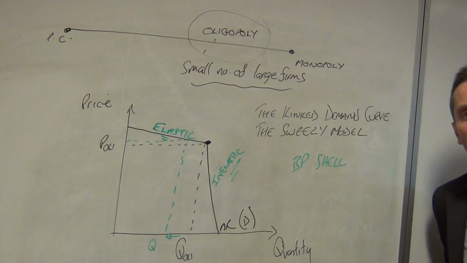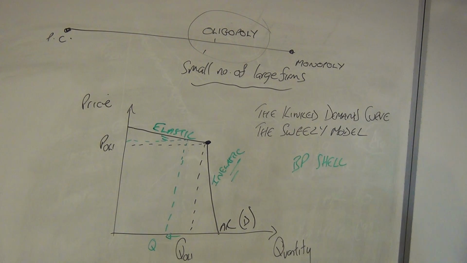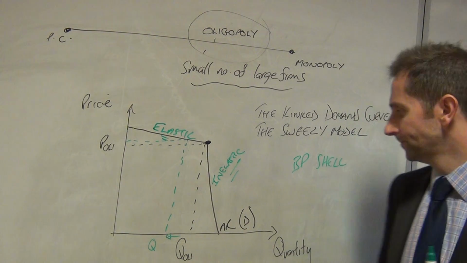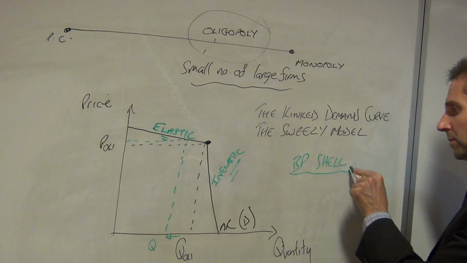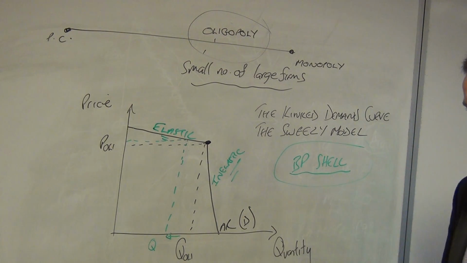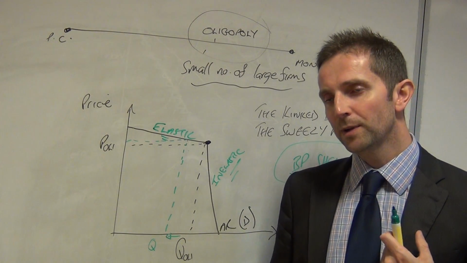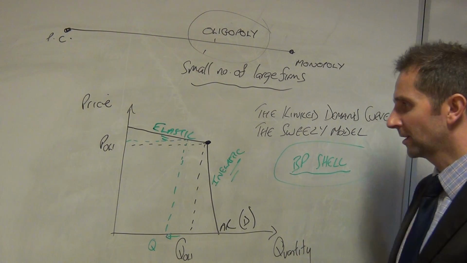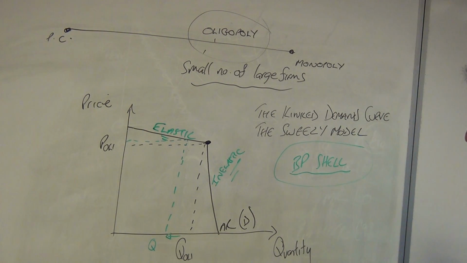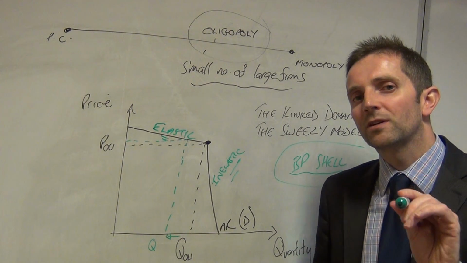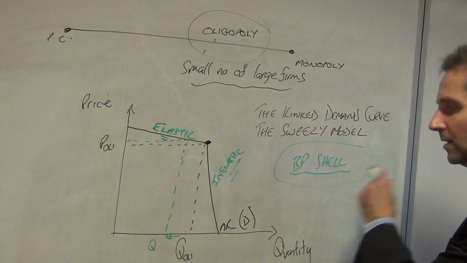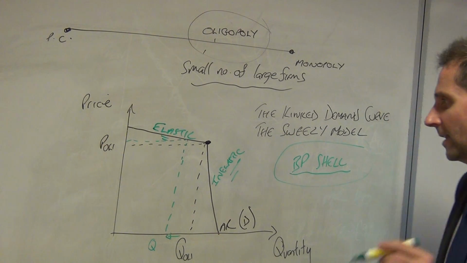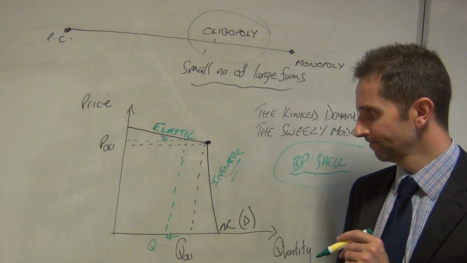What about reducing your price? Why wouldn't it be sensible in an oligopolistic market to reduce your price? These firms are all competing with one another. If I, Mr. BP, say we're going to reduce our prices to £1 a litre, oh the days of £1 a litre, then Mr. Shell, Esso and so on will all reduce their price.